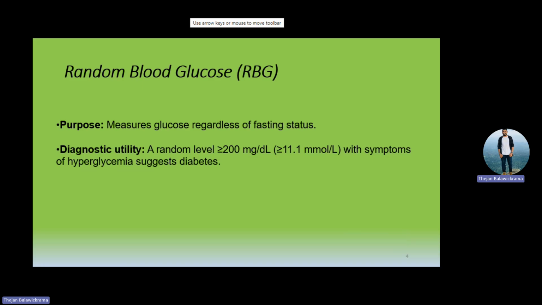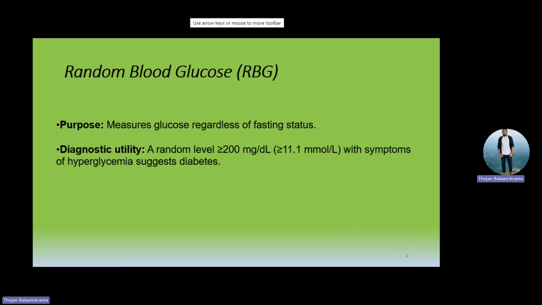There's nothing about fasting. In normal situations like right now, if we have more than 200 milligrams per deciliter, that is referred to as diabetes. That is random blood glucose, no fasting.